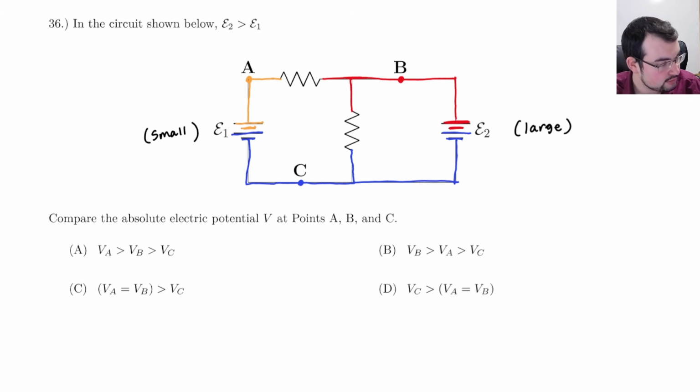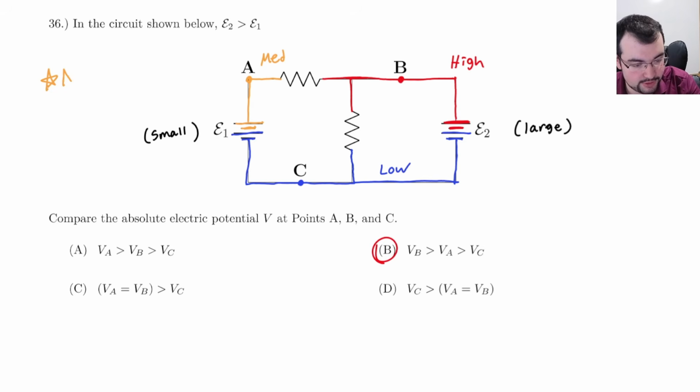So what does that mean? Well, this would be high, this would be low, and this would be medium. So our highest potential would be B, our medium potential is A, and our low is C. This is clearly 3 star. Even though it is just a ranking with no math, I think this is conceptually difficult enough to make it a 3 star.